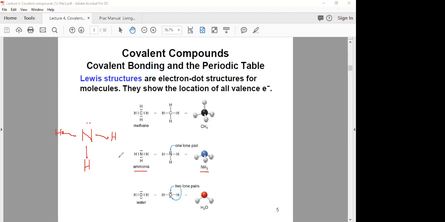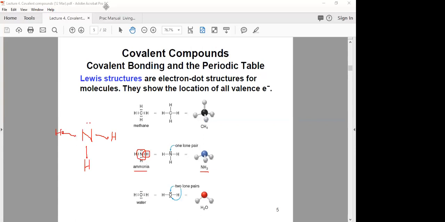So 3 bonds, 3 covalent bonds. Let's look at the result of that. How many electrons are now surrounding nitrogen? 8. 8, exactly right. So nitrogen has fulfilled the octet rule, and of course each of the hydrogens is happy because they are surrounded each by 2 electrons.